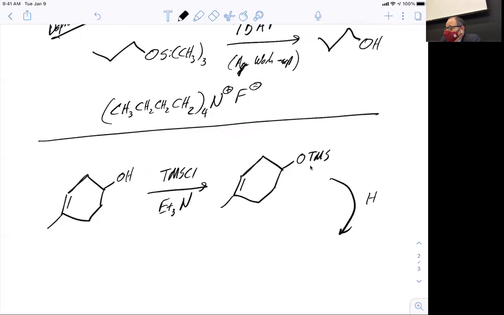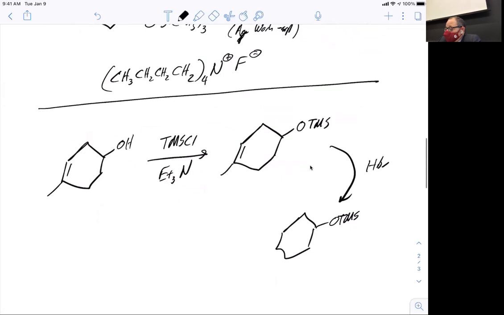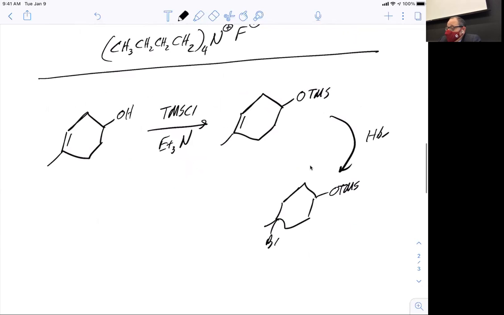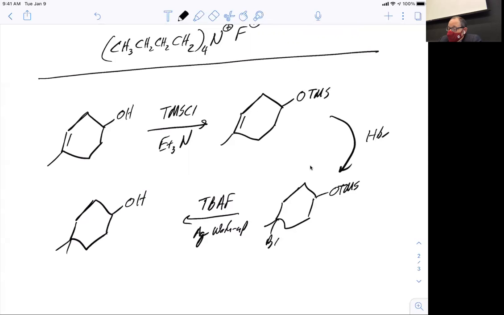Then we can do the reaction to give us the bromination, the hydrobromination, to get us back to the product.